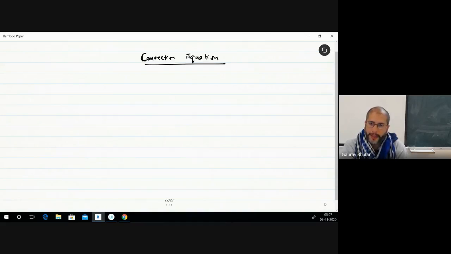Now we will be talking about the energy balance equation, which will give us the convection equation. Again, for simplicity, we do this for our flat plate laminar boundary layer.